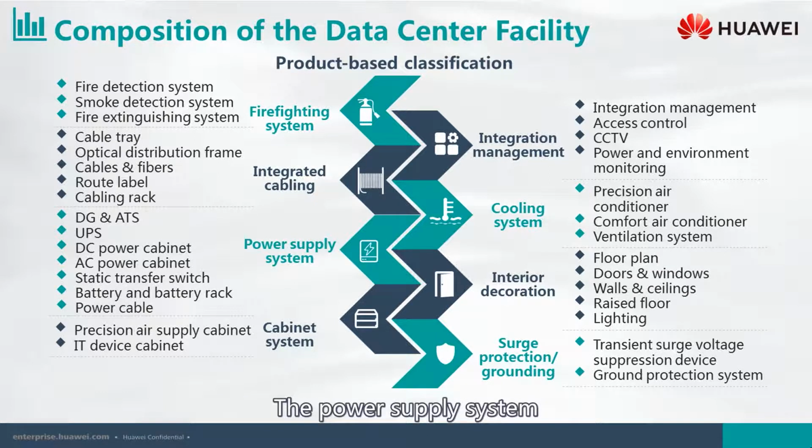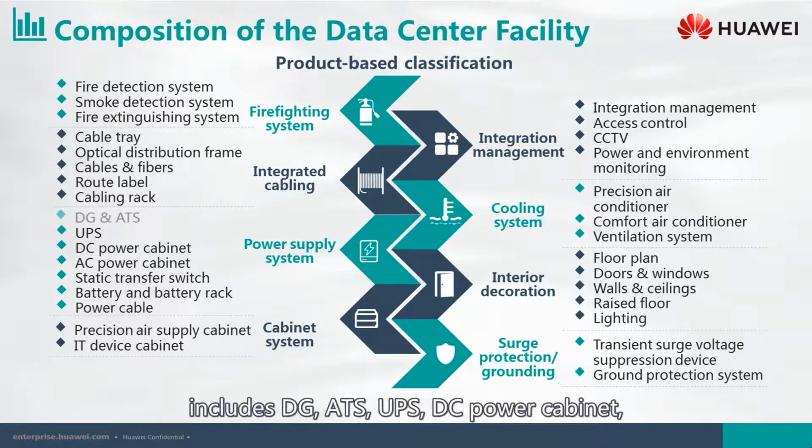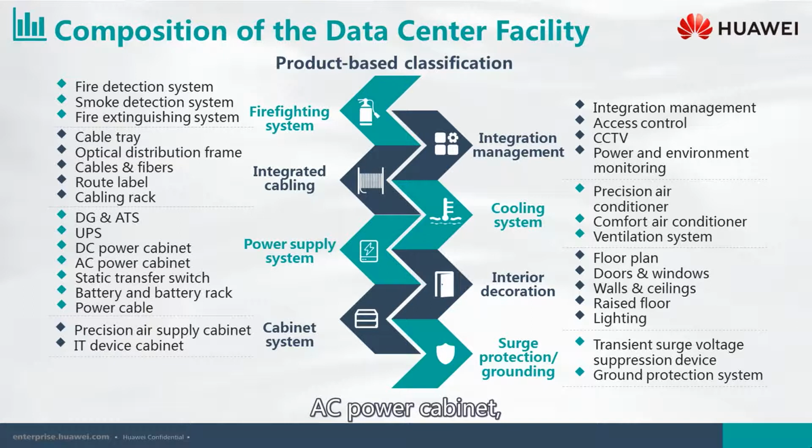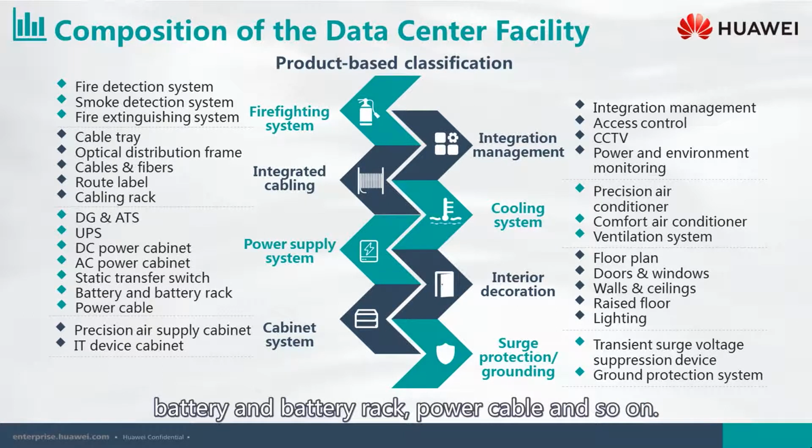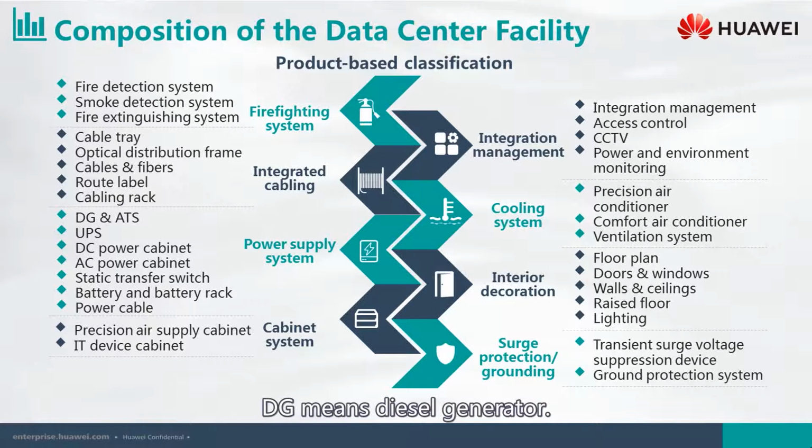The power supply system includes DG, ATS, UPS, DC power cabinet, AC power cabinet, static transfer switch, also called STS, battery and battery rack, power cable, and so on. DG means diesel generator. ATS means automatic transfer switch. UPS means uninterruptible power supply.